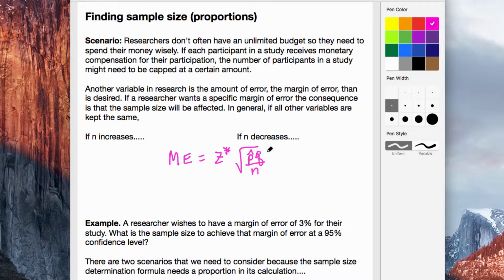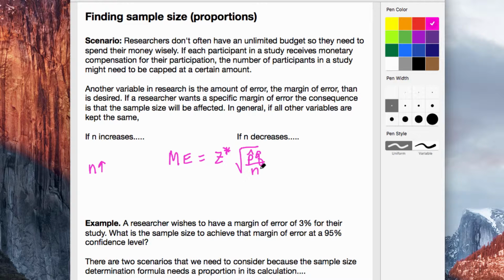So the relationship between n and your margin of error is that if n increases, look where n is. n's in the denominator, so if you have a larger sample size, let's say 100, and you increase it to 1,000, you're dividing this top number, the numerator, by a larger number.